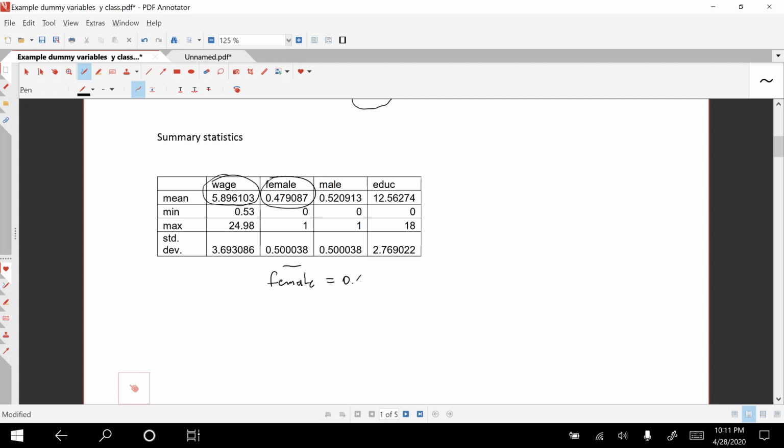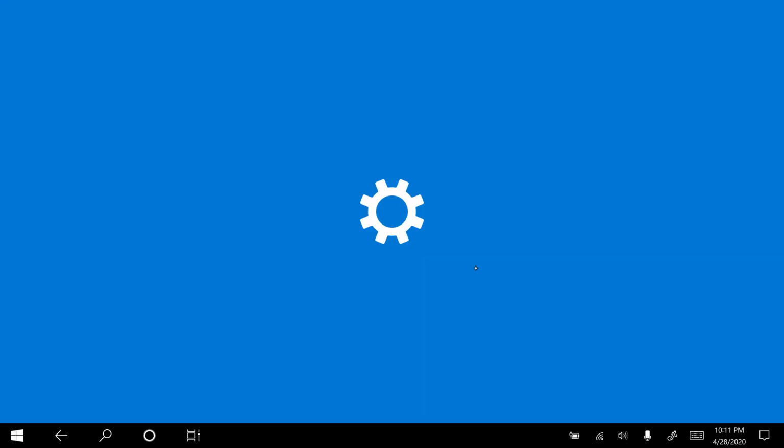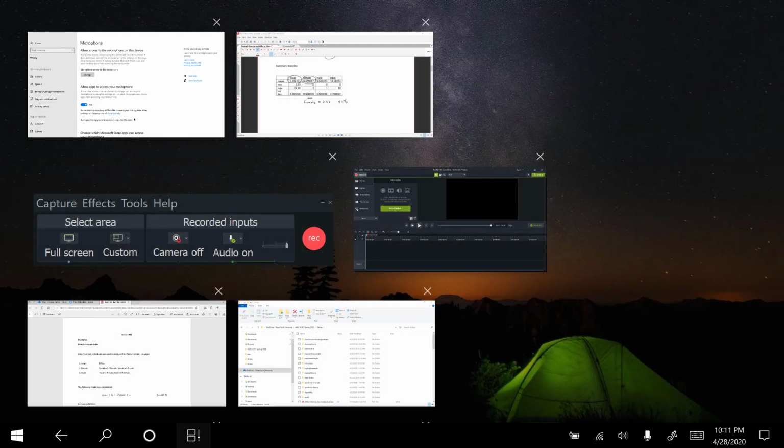And actually, this value has a very intuitive interpretation. If female is equal to 0.47, that means that 47% of individuals are female. Oops, I touched something.